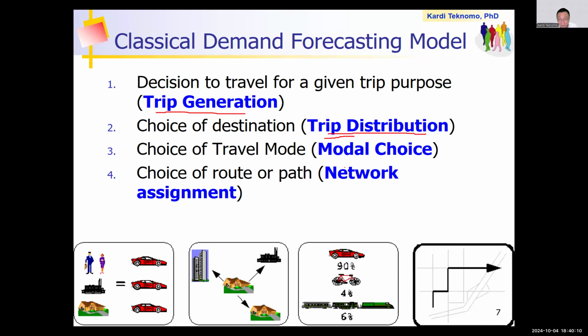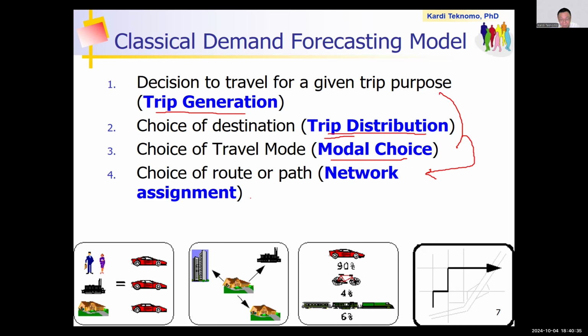The third one is mode choice: whether they use bus, car, MRT, jeepney, and so on. All of these three are input to the last one, traffic assignment or network assignment, which route or which path they are using.